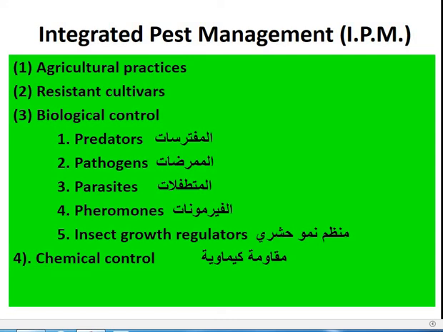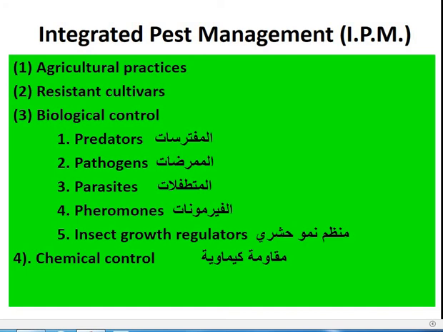We have to do some agriculture practices to lower the population of insects and fungi in the field, like special distances between plants, intercropping, lowering the humidity around the plants, or escaping the insects during one phase of their life cycle. All this could be done by agriculture practices.